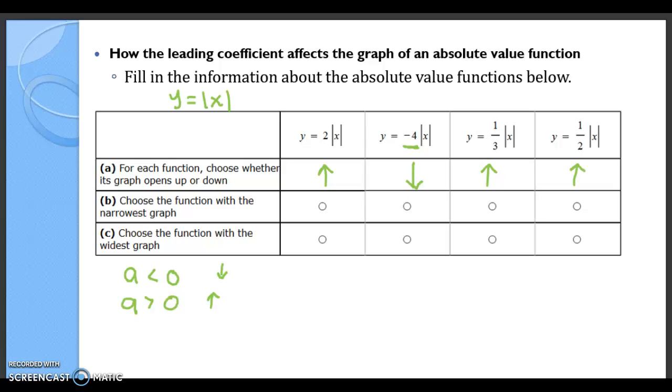Now it says choose the function with the narrowest graph. So remember, absolute value functions look like this. A narrow v is going to look like this, and a wide v is going to look like this. If I have a 2 in front of my absolute value, that means each of my outputs is getting stretched up.